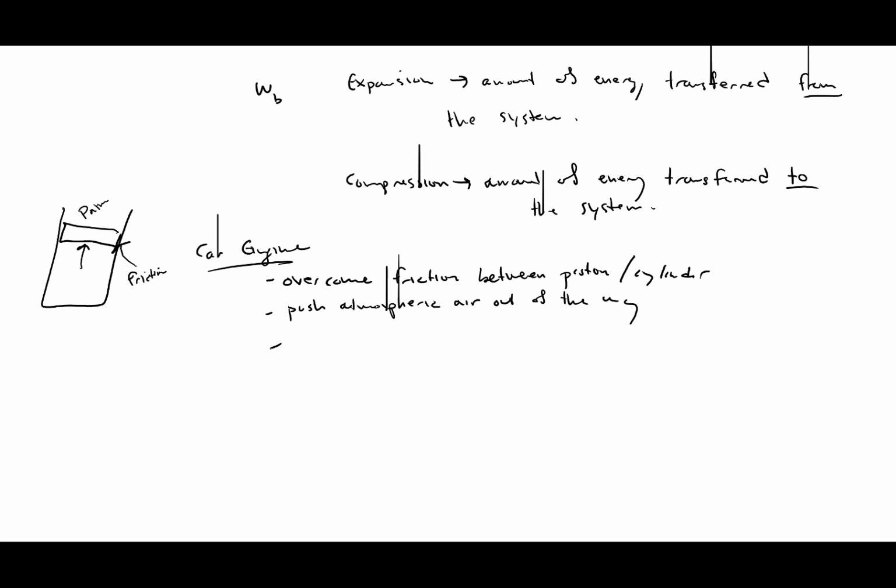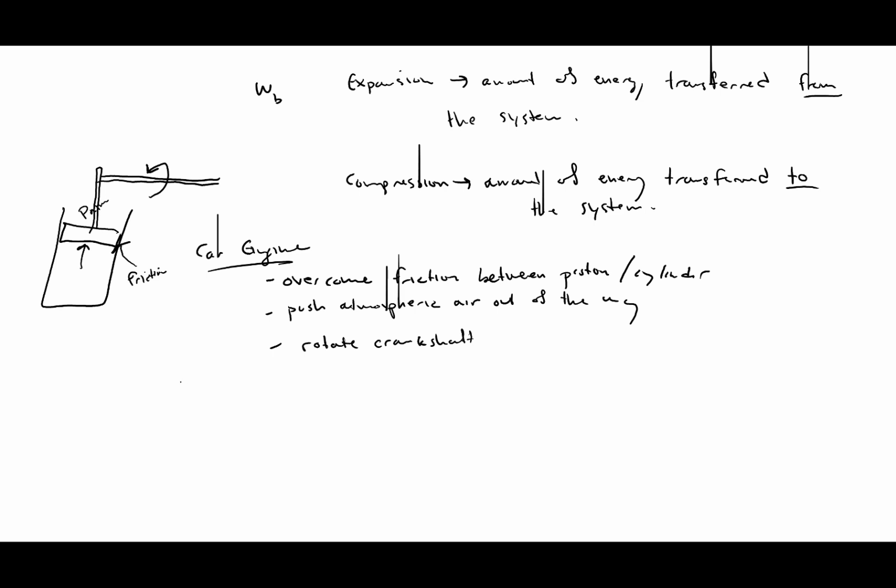So in a car, we would be rotating the crankshaft. So let's say that this is attached to the crankshaft and it's rotating it as the piston is moving up and down.